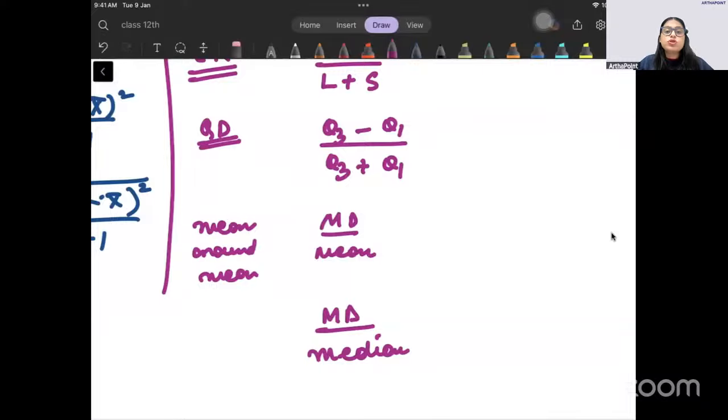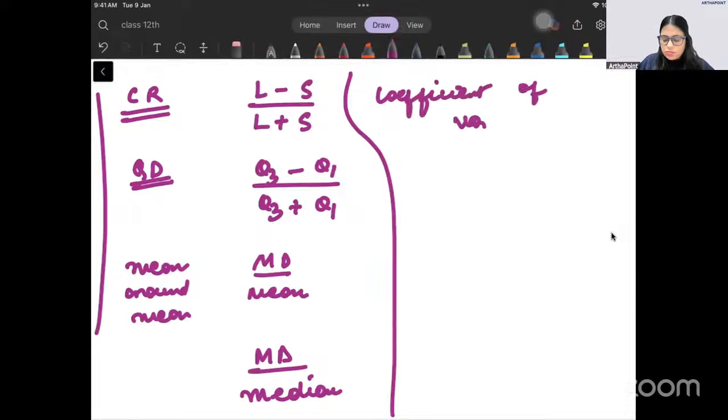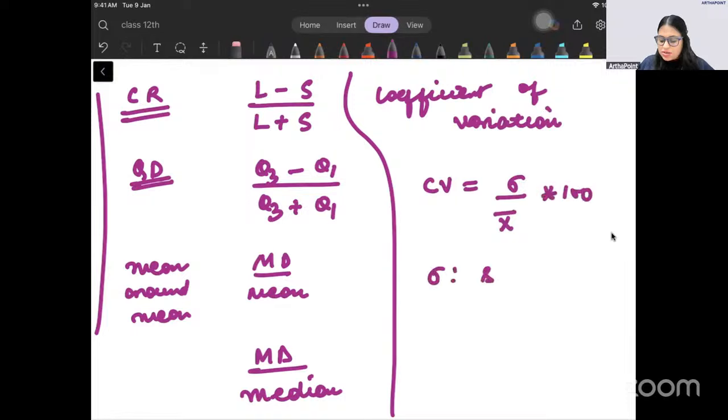And at last, coefficient of variation. It will be sigma by x bar into 100, where sigma is standard deviation, right? So these are some of the coefficients which can be asked in exam. Is it clear? Please make a note of all these formulas, put them in one formula sheet for your exam perspective.